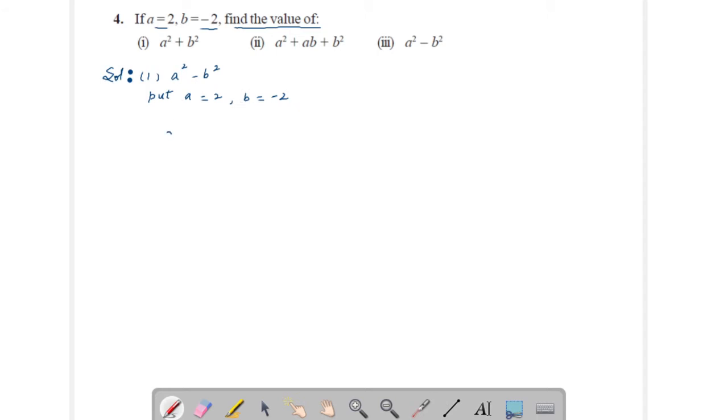What will you get? 2 square plus, put the value of b as minus 2, it is minus 2 whole square. 2 square means 4, plus minus 2 square means minus 2 into minus 2, it is 4. 4 plus 4, it is 8. This is your answer.